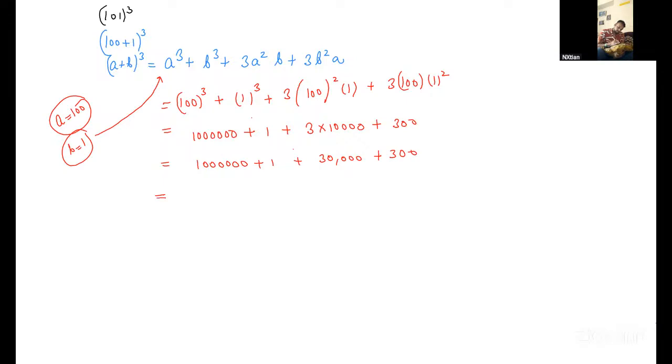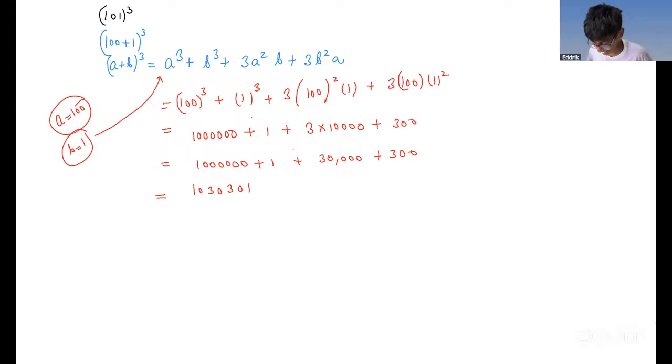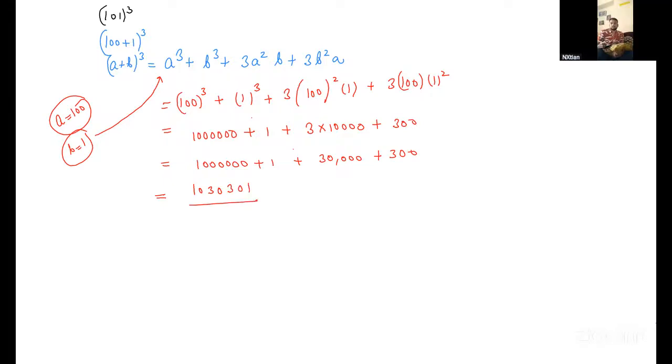It will become 1030301. Correct. This is the correct answer. Understood, Ira? Simeon? Any problem, ask me, please. Yeah, sir, I understood. I made a small mistake. It's okay.